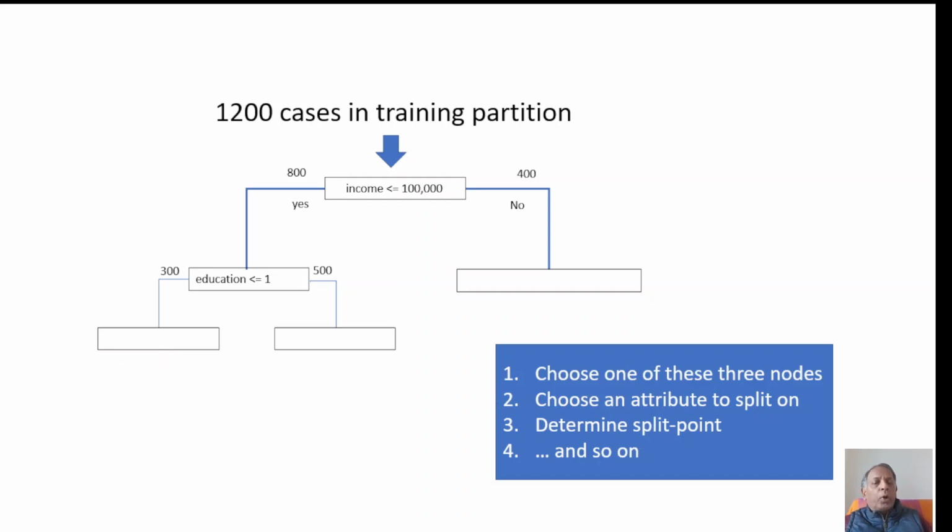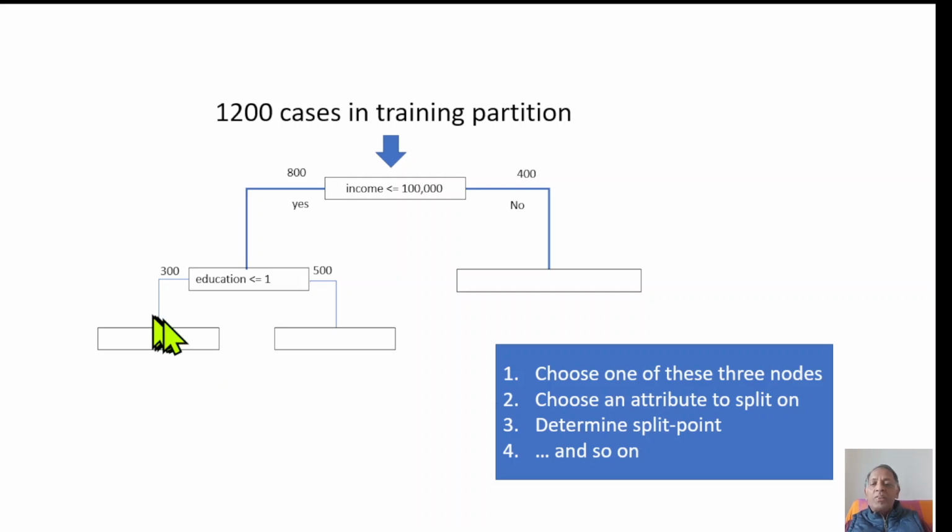So what you're effectively saying is, in the historical data, if the income was less than 100,000 and education was less than or equal to 1, then for every one of those cases in the historical data, the decision makers gave them the loan.